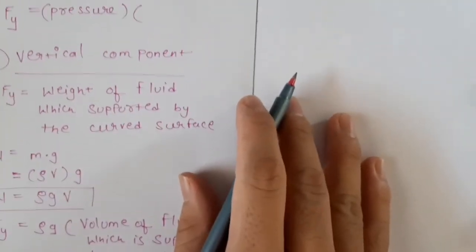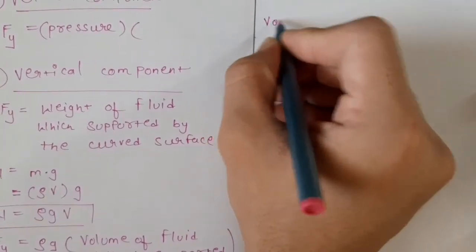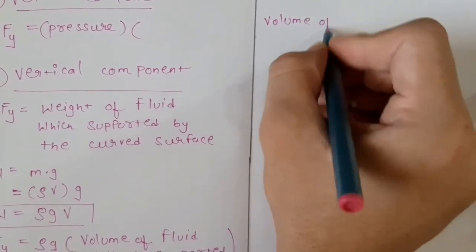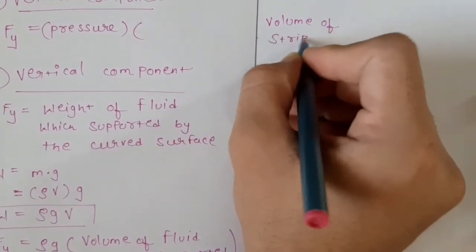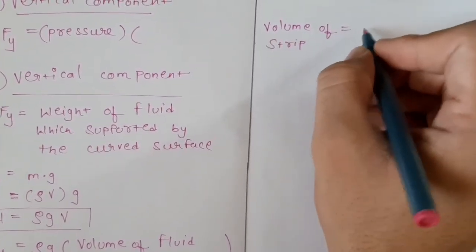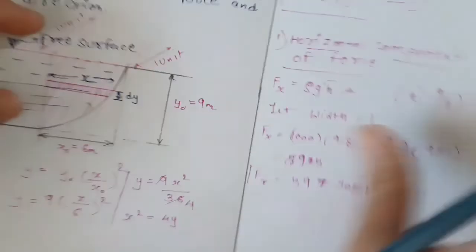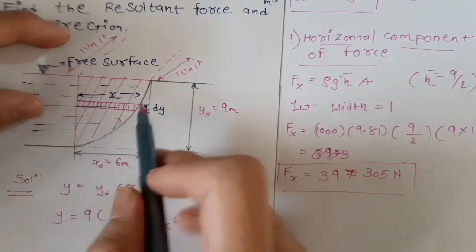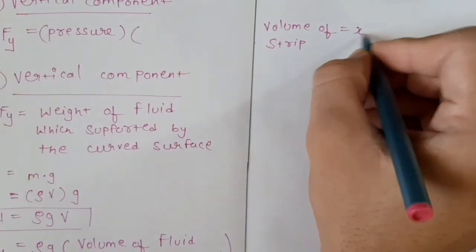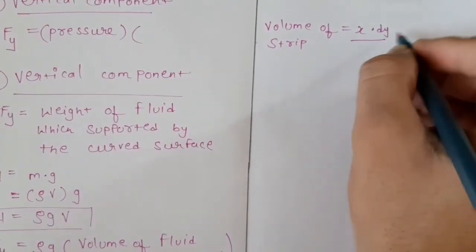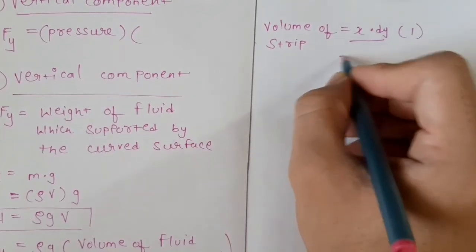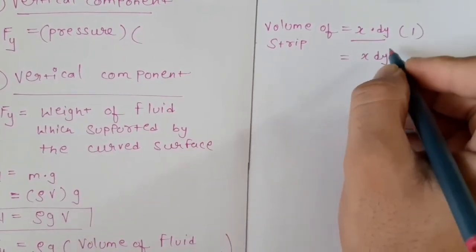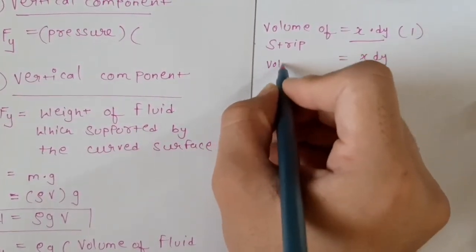The volume of the strip equals area into thickness. As this strip is rectangular, the area will be length into height, so x into dy. Area into thickness will be the volume, so x dy into 1 is the volume of the strip.